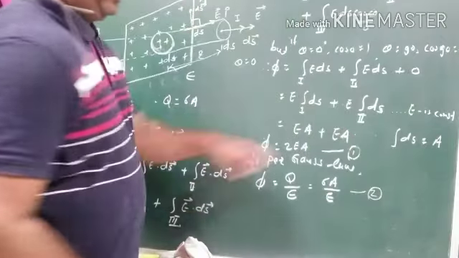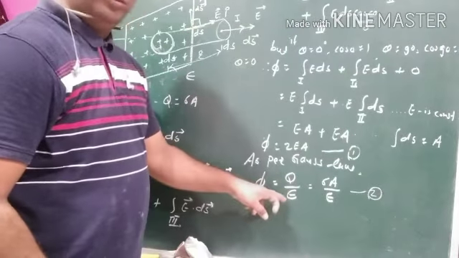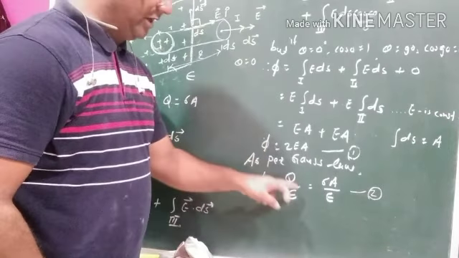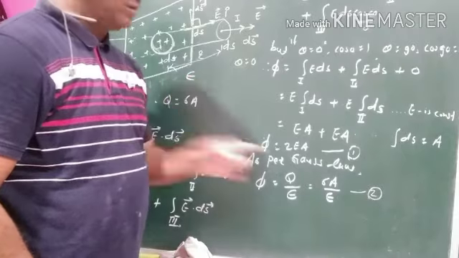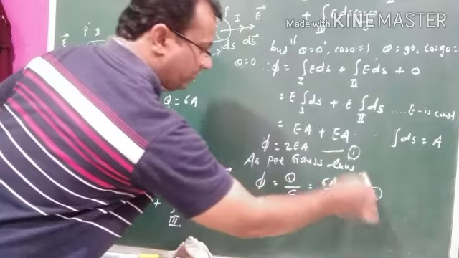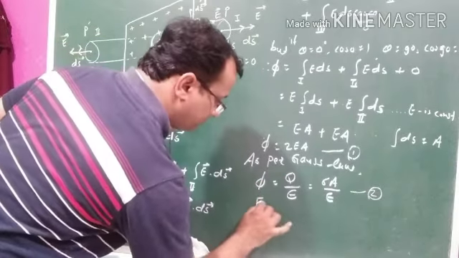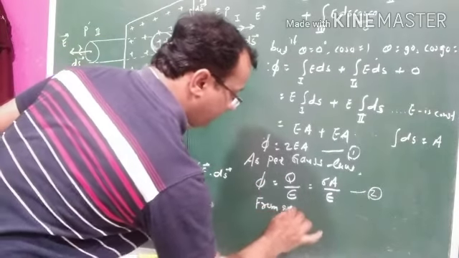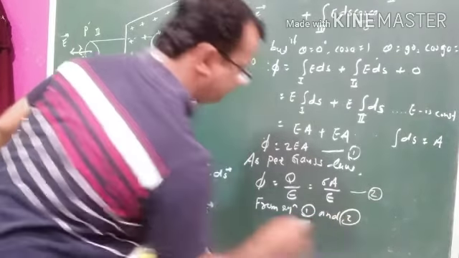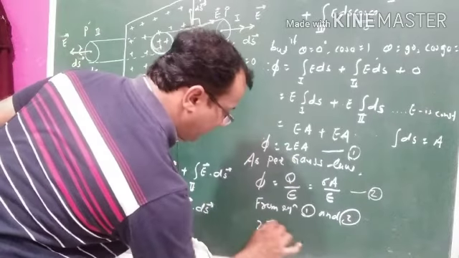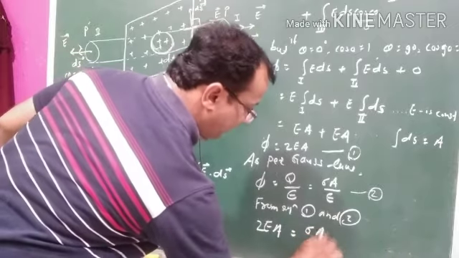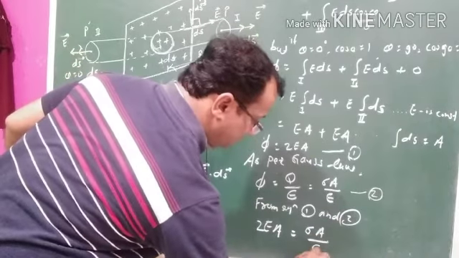Now if we see equations 1 and 2, their LHS is the same. If their LHS is the same, then their RHS is also the same. So we want to compare equations 1 and 2. From equations 1 and 2, we get 2EA is equal to sigma A upon epsilon, right?